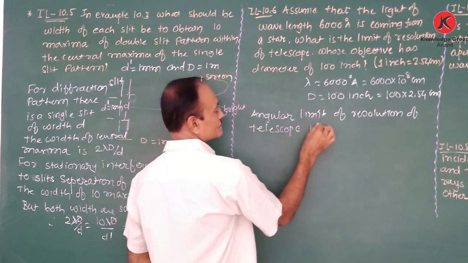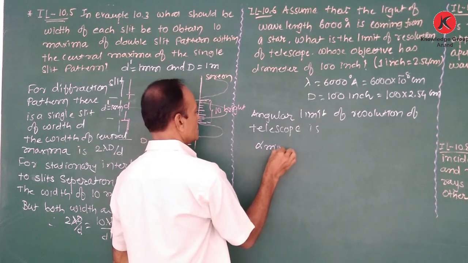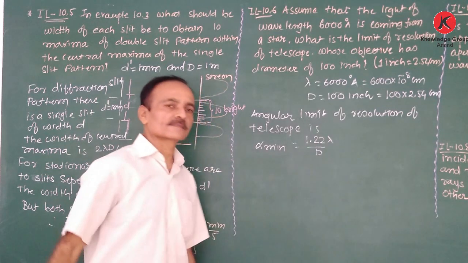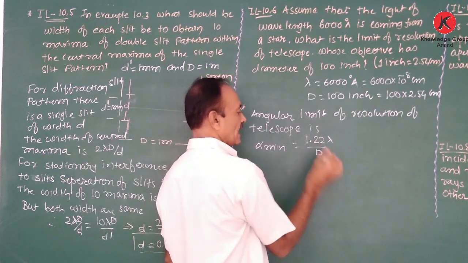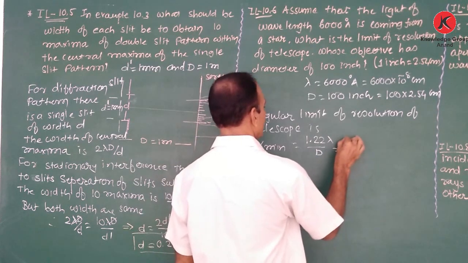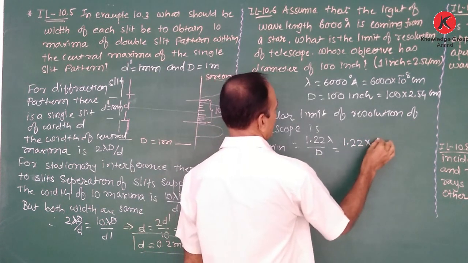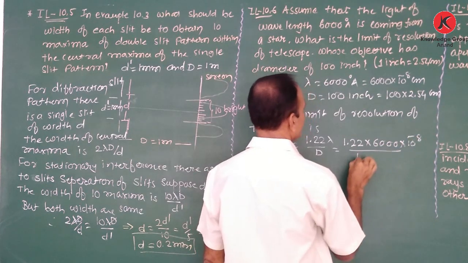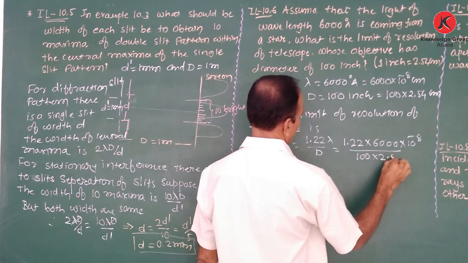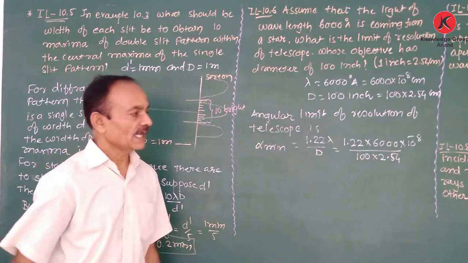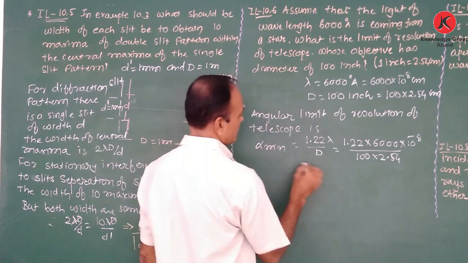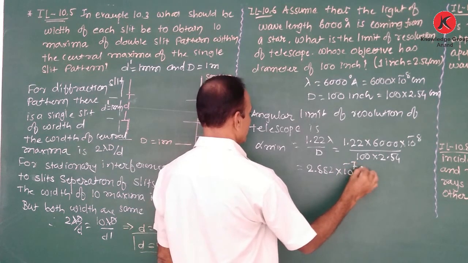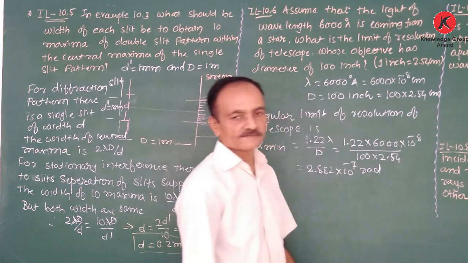Alpha minimum is equal to 1.22 lambda upon capital D. Here we substitute the values: 1.22 into lambda, 6000 into 10 to the power minus 8, upon 100 into 2.54. As we simplify it, we get the answer 2.882 into 10 to the power minus 7 radian, because alpha is an angle.